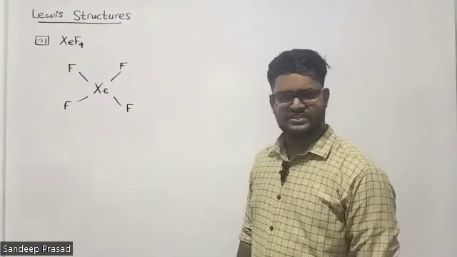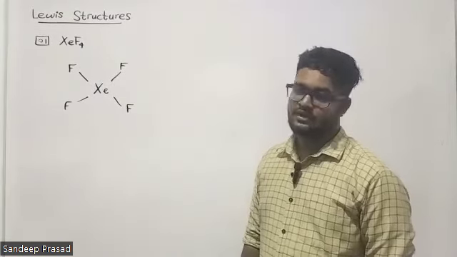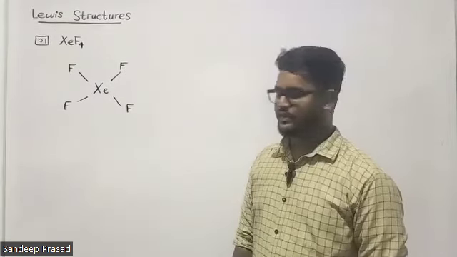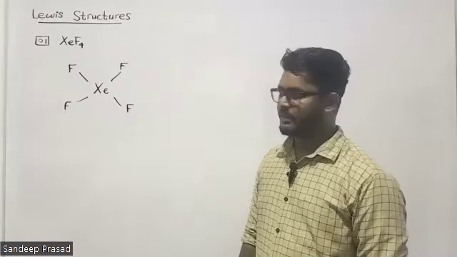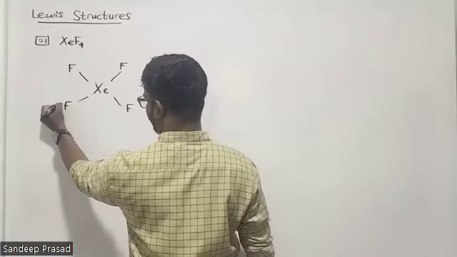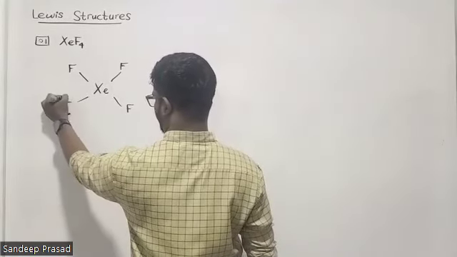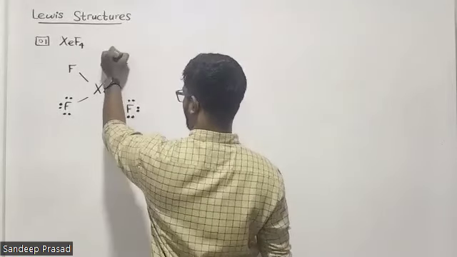Fluorine does not make double bonds, because if fluorine makes a double bond, it will have a positive sign. That is not possible, because fluorine is the most electronegative atom in the periodic table. Now you can complete the octet of fluorine. 1, 2, 3. You can add the 3 lone pairs, and here also 3 lone pairs, students. 1, 2, 3.